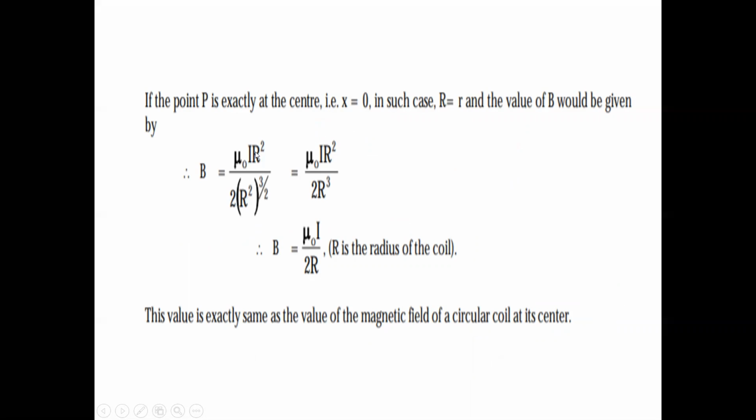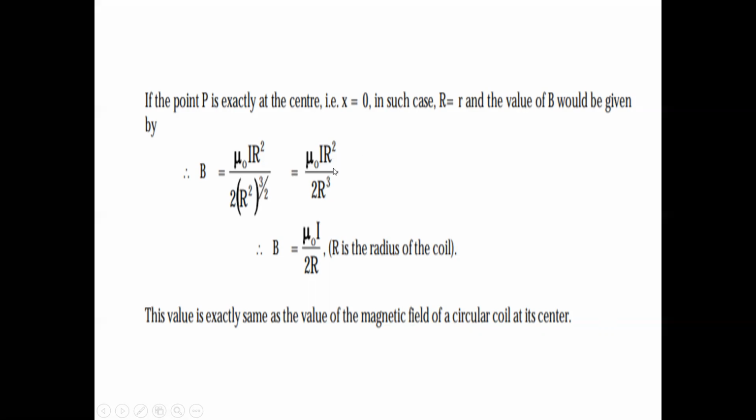So mu naught I R square by 2 into R square whole power 3 by 2. So simply here 2 and 2 are cancelled, so finally it is 2 R cube. Then the expression for B is equal to mu naught I R square by 2 R cube.